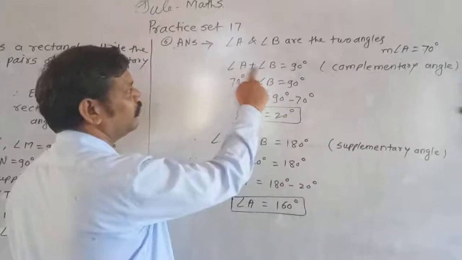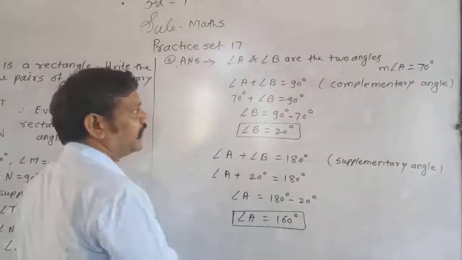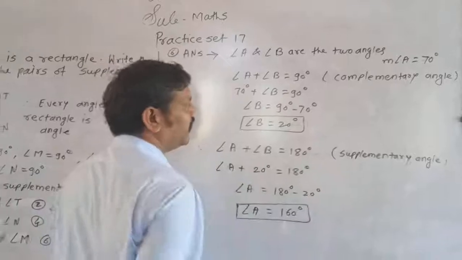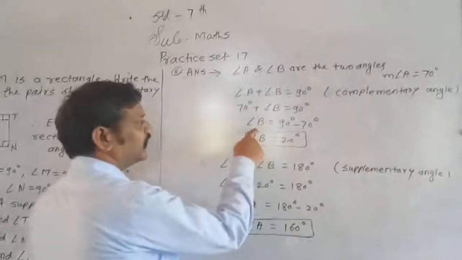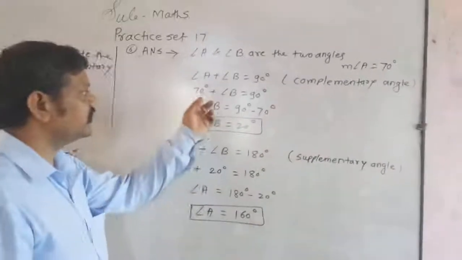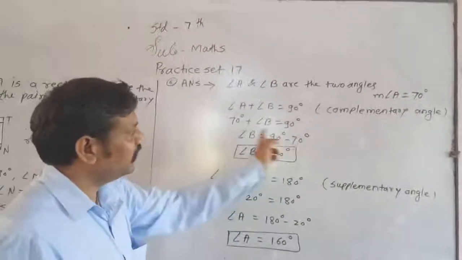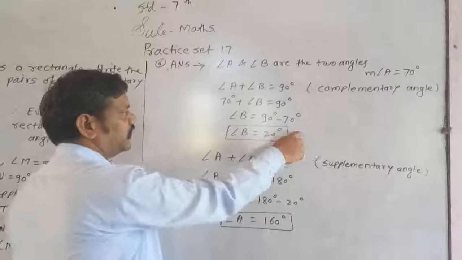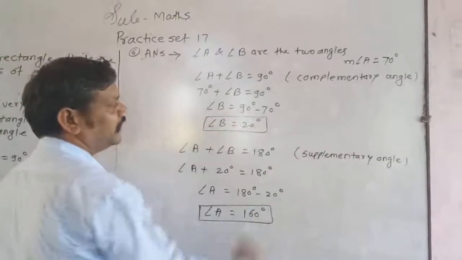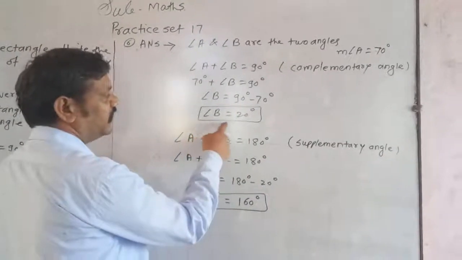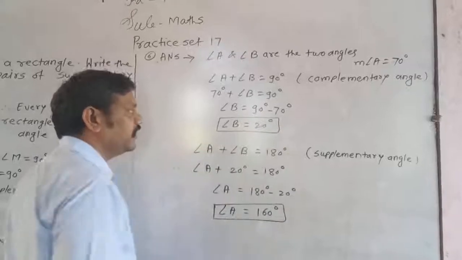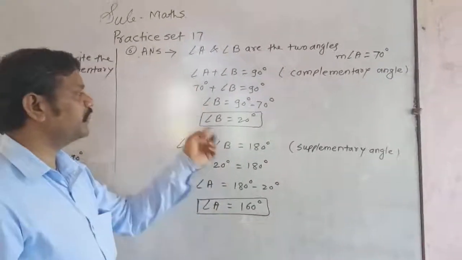Angle B, the complement of A, is equal to 90 degrees minus 70 degrees. Left side addition, right side subtraction. Angle B is equal to 90 degrees minus 70 degrees. We get angle B is equal to 20 degrees. Means we get the complement of A.